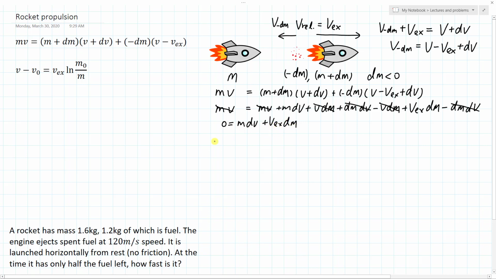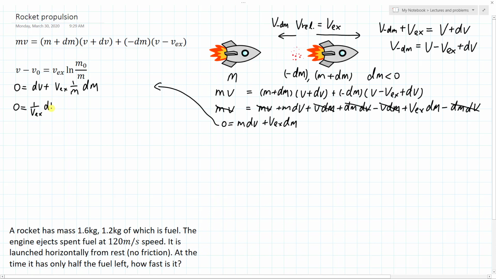So we'll work on the left side, where there's some space. First we'll divide everything by m. So the left side is still 0, and the right side is dv plus v exhaust 1 over m dm. And then we'll divide everything by v exhaust. So the left side is still 0, and the right side is 1 over v exhaust, this is not V, it's a constant.